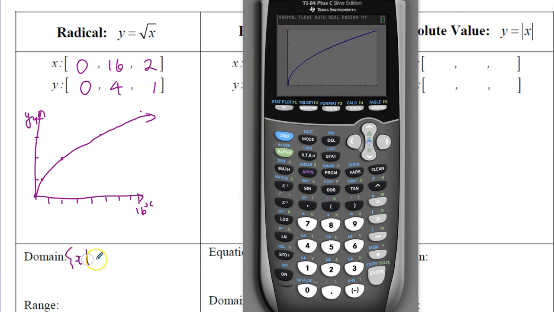Set of all x such that x, okay, it's a radical, so whatever's underneath the radical sign, x is greater than or equal to 0, and x belongs to the reals. Set of all y, and the square root of anything must be positive, so the y value must be greater than or equal to 0 as well. And that's radicals.